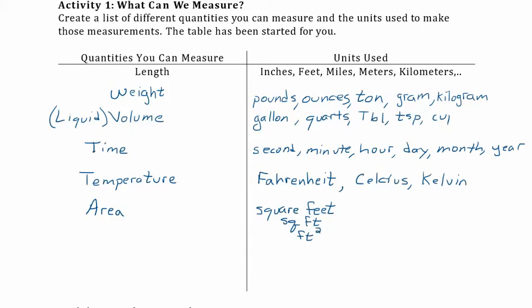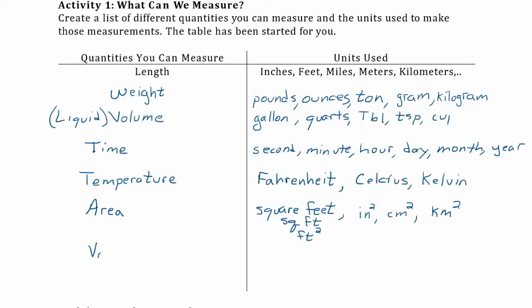Okay, that doesn't mean that you're going to square the number of square feet you have. This just means square feet. You could also measure in square inches, square centimeters. As a matter of fact, any of these lengths up here, squared, would be a unit that you could use to measure area. Okay, square kilometers.